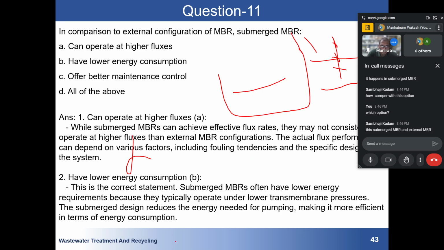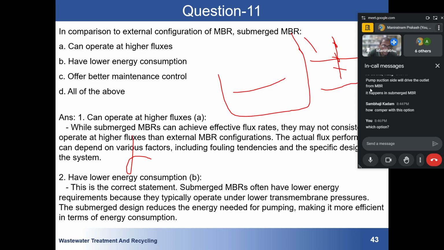If we talk about energy consumption, the book has suggested that the submerged MBR has lower energy consumption as compared to the external configuration. One person has said that the pump suction side will drive the outlet from MBR in a submerged MBR, so it might be resulting in less energy consumption.